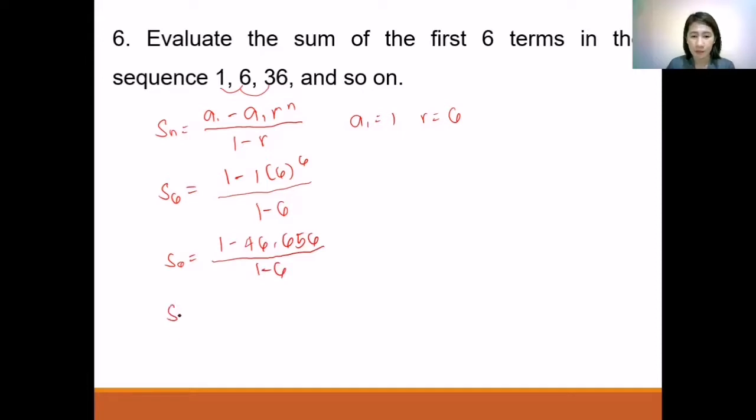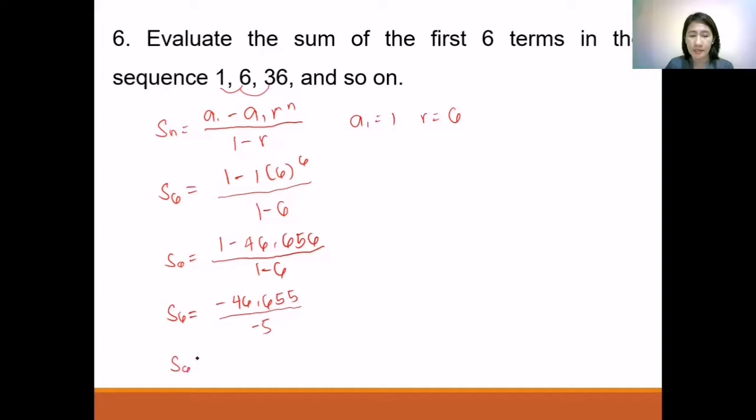Let us now have subtraction for both numerator and denominator. So you'll have negative 46,655 over 1 minus 6, negative 5.